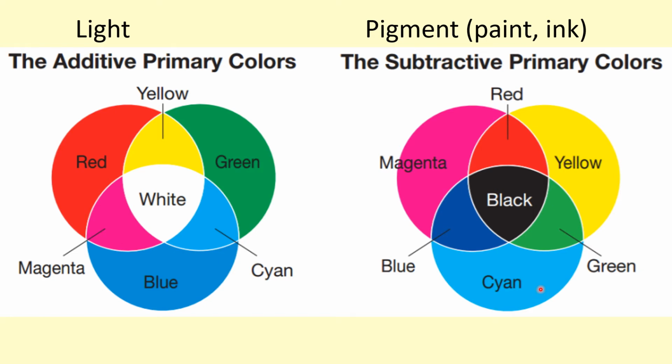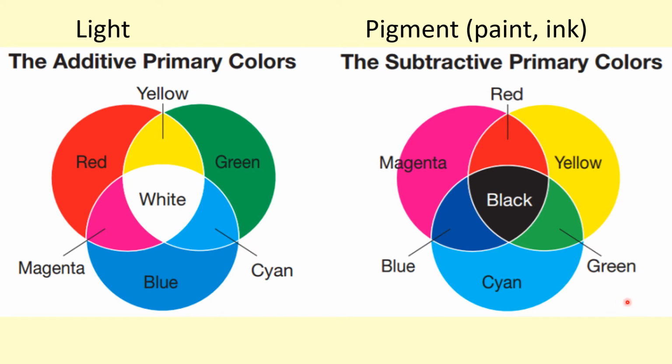What's actually happening is you're using a blue that's more like cyan and you're using a red that's more like magenta, and then when you mix them together you get these different secondary colours. So obviously when you mix red and yellow paint you'll get orange, and red and blue will give you purple, and then blue and yellow will give you green.